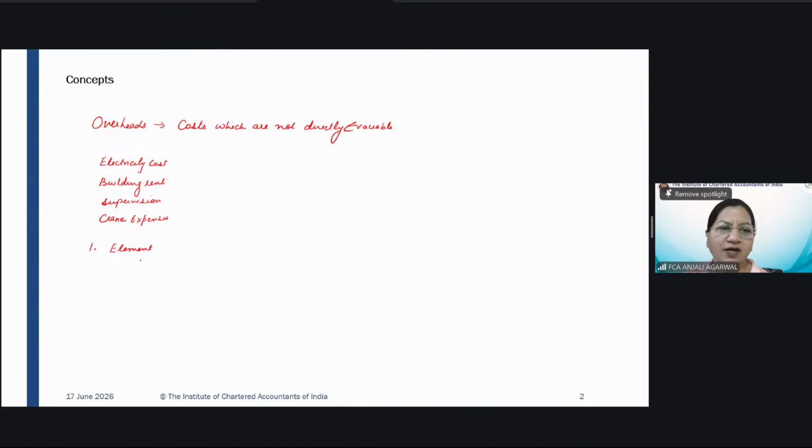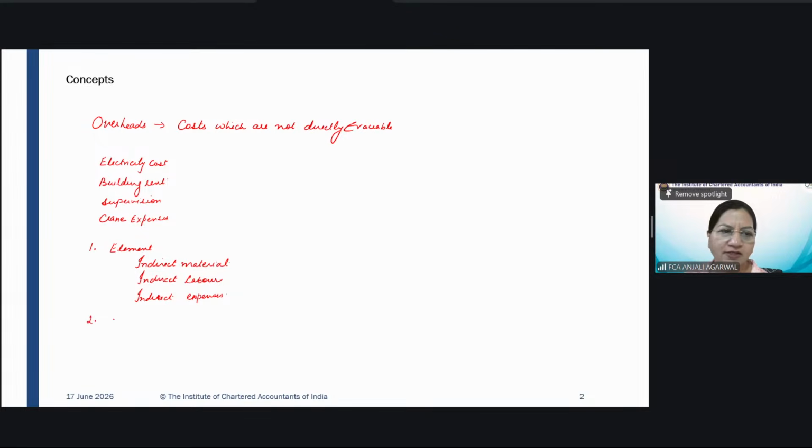So you can have indirect material cost, for example, fuel. You can have indirect labor cost, for example, the foreman, the supervisor. And you can also have indirect expenses. So these are one of the ways in which you can classify the overheads.